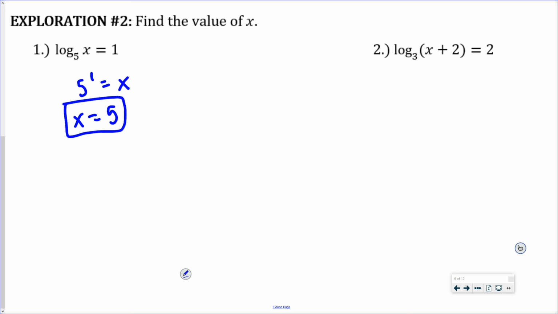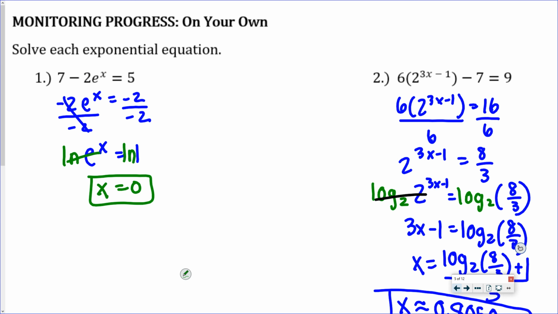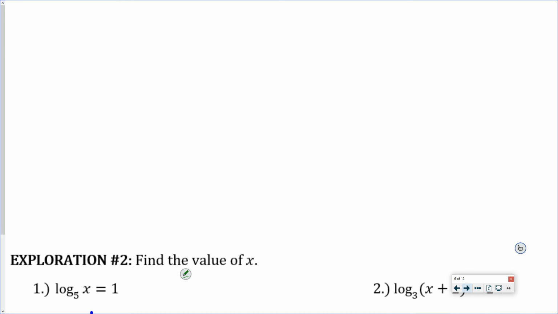Another way you could do this, and I'm going to show you this strategy on number 2. What's the inverse operation of logs? Exponential. We used logs to take off layers around exponents, so you can use exponents to take off the layer of a log.